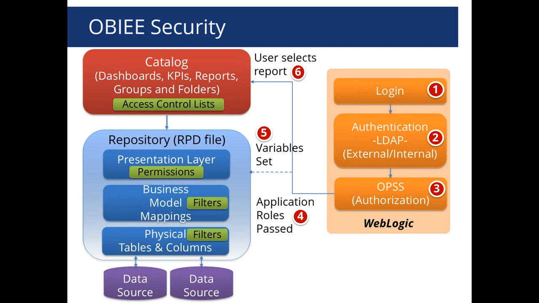The lowest level of abstraction, the physical tables and columns, is where you are defining, we'll say, probably more of the row filters or even column-based filters if you so wanted. But the idea is that the RPD file is sitting on top of your data source or data sources. That is where the SQL is defined at the physical layer. You have the meta layers, the business model mapping layer, and the presentation layer, and in each one of these layers you have the ability to set security.